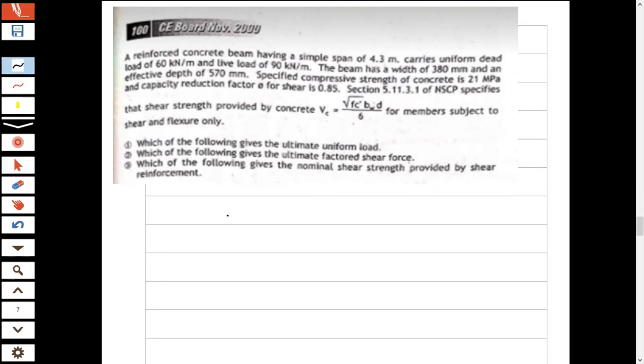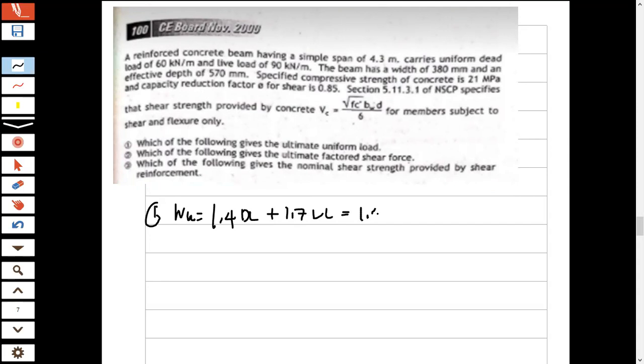So first question. Which of the following give the uniform load? Ito. Bonus, ano? Giveaway. Number 1. What is the ultimate uniform load? WU. So as I said earlier, pagka hindi nilagay kung anong factor, gamit muna tayo ng 1.4 dead load plus 1.7 live load.